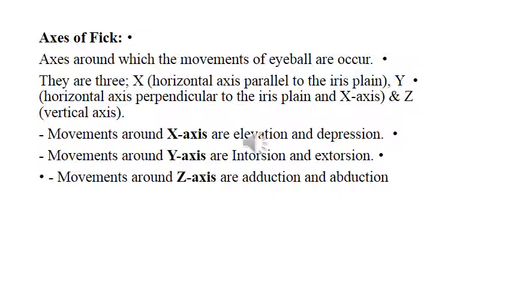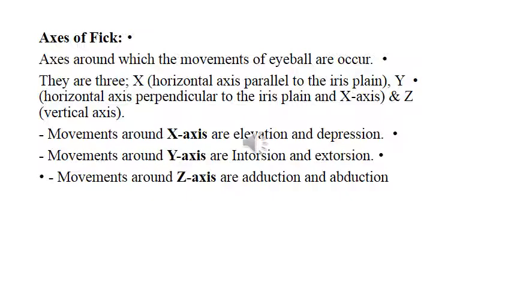Movement around each one of these axes gives a different direction. What I mean by this: movement around the Z-axis, which is the vertical one, creates adduction and abduction. Movements around the Y-axis, which is the antero-posterior one, give us intorsion and extorsion.